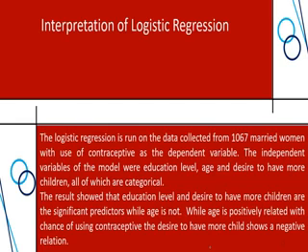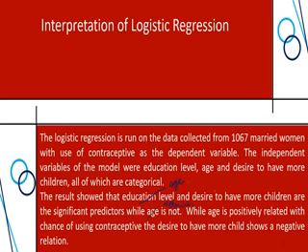The result showed that age and desire to have more children are significant predictors, while education level is not. It was wrongly written here.